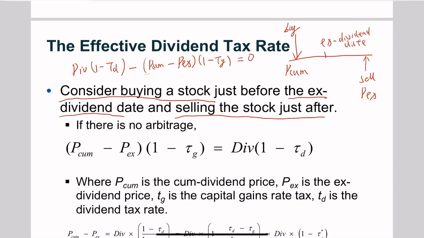That is, if there is no arbitrage, this left-hand side should be the same as the right-hand side, right? Why? What's the argument here? Well, you can think about this. Let's say the market satisfies the no arbitrage condition. However, this equality does not hold.